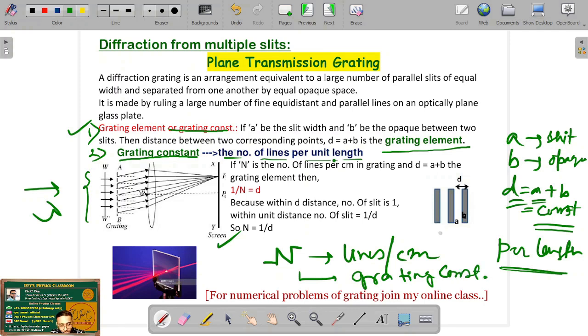Then there is a relation between grating constant and grating element, and that is N equals 1 by d or d equals 1 by N. That is the relation between grating element and grating constant.